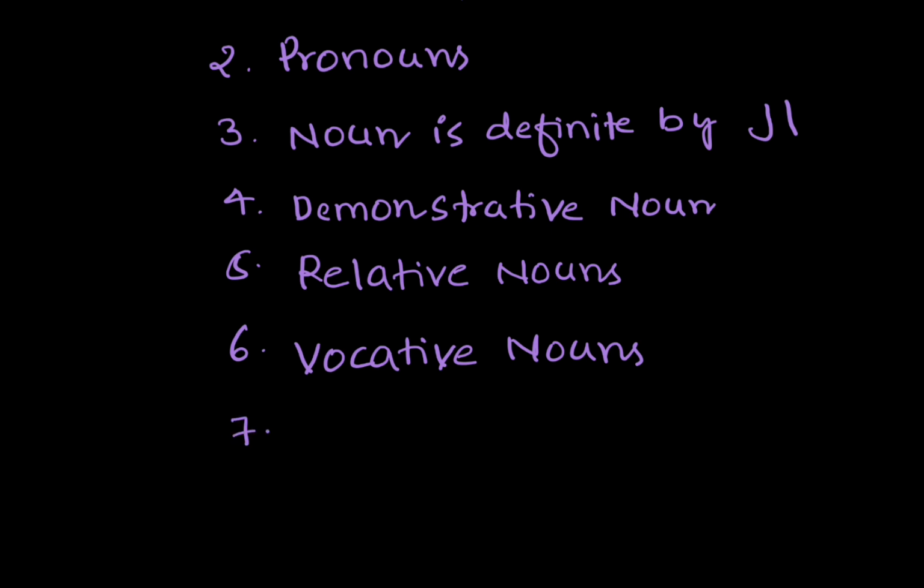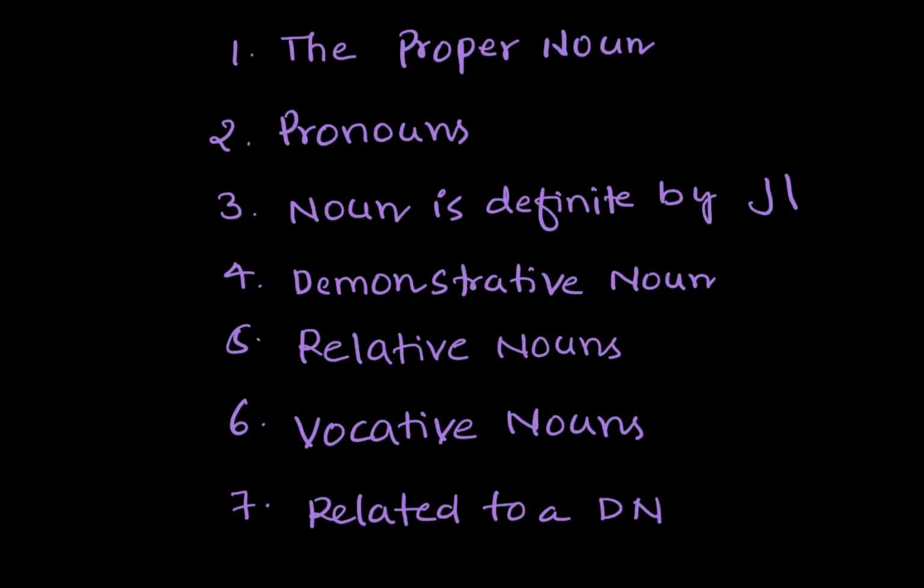And the seventh one is nouns related to a definite noun. Any word which is related to a definite noun is also a definite noun. So these are the 7 categories of a definite noun.